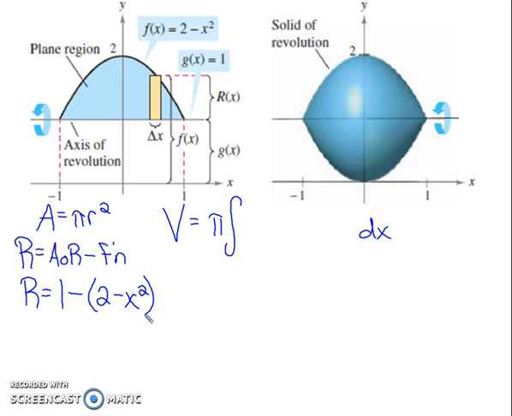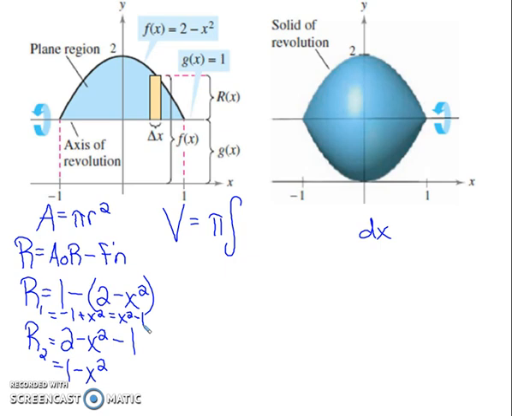Well, if I had done it in the other order, let's see what I would get. I would have 2 minus x squared minus 1. That function is going to end up being 1 minus x squared. This function, when I distribute, is going to end up being negative 1 plus x squared, or x squared minus 1.